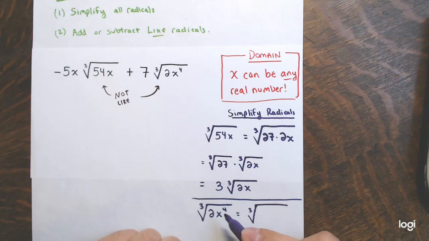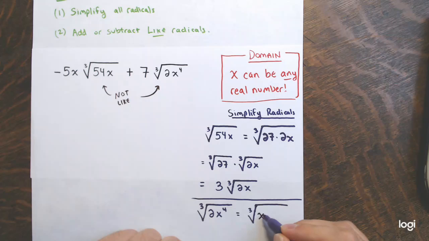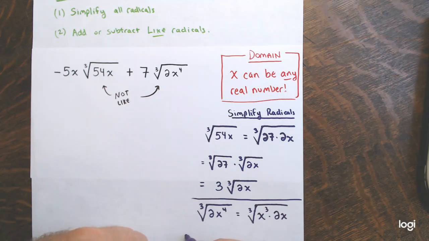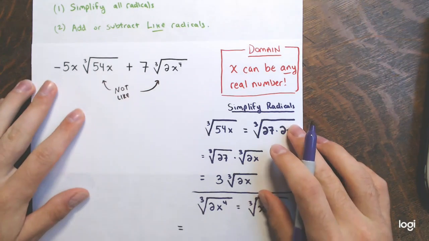So I'm going to peel off x to the third. There's a perfect cube, multiplied by the non-perfect cubes, which would be 2 and then x to the first. I need another x to make x to the fourth. So this expression is the same as this one here. Then that product property comes into play.